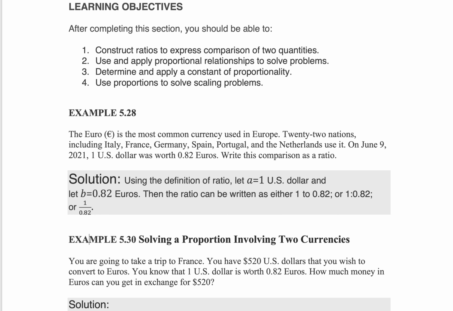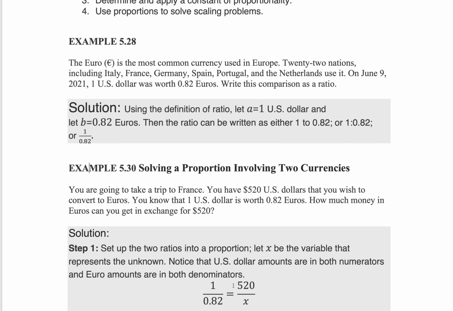In this case, first of all, we can set up an equation, because we have two ratios. One is the standard ratio, $1 to 0.82. Then we want to find out how much $520 would be worth in euros, so it is 520 to x.